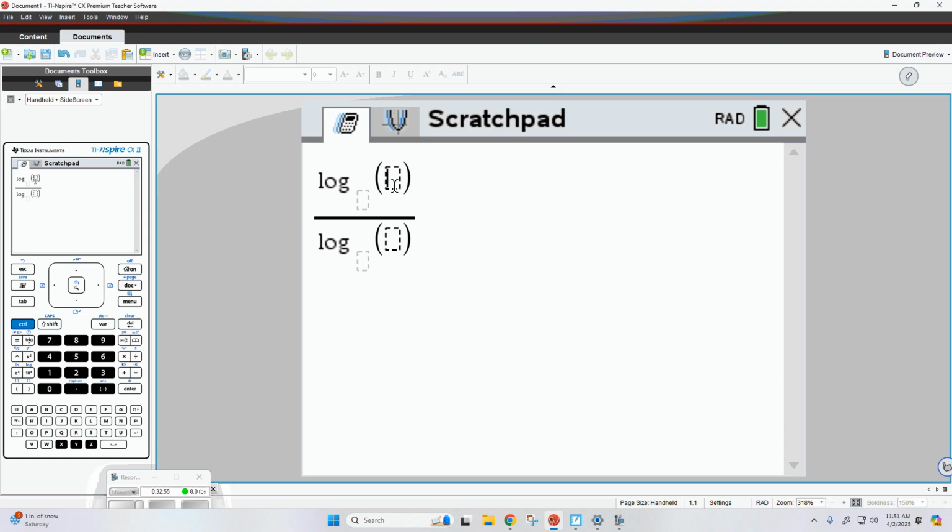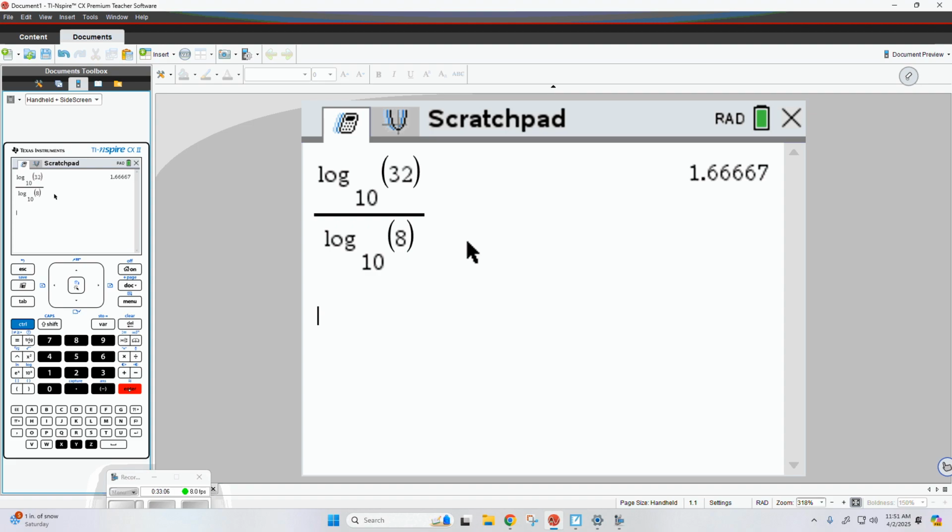So we had 32 and 8. Now, if I want to put in the 10s, I can. I'm going to leave them out this time. Boom. It's going to give my answer. It depends on your settings.